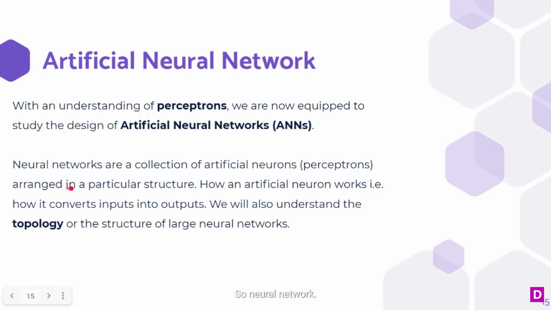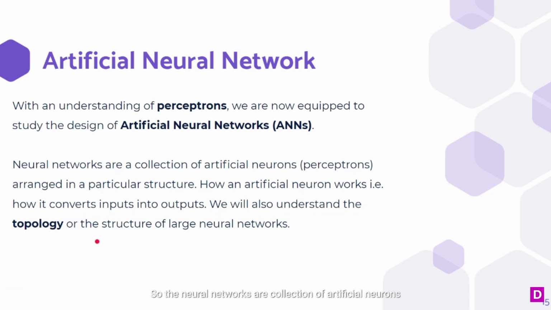A neural network, whether it is a biological neural network or an artificial neural network, is just a collection of small functional units. If it is a biological neural network, those functional units are called neurons. If it is an artificial neural network, those individual functional units are called perceptrons.